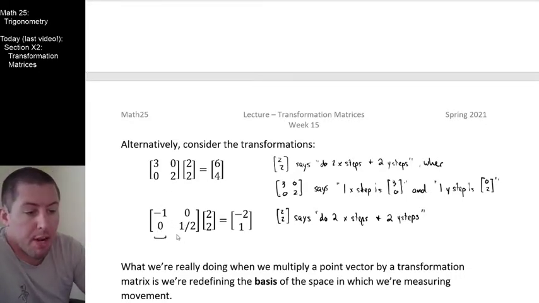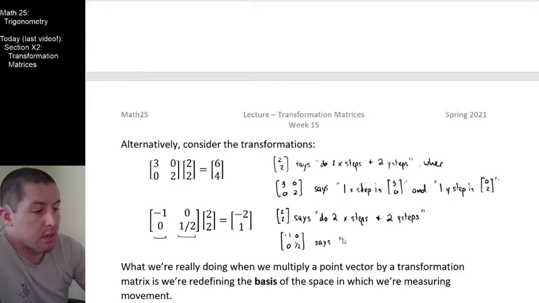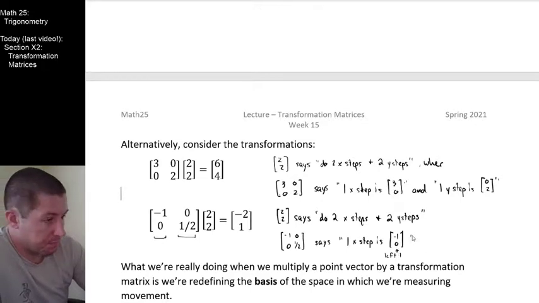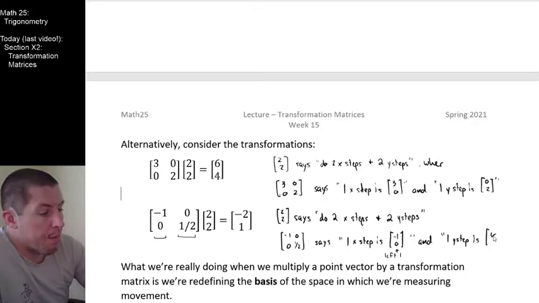I'm thinking of this as my new x rule, and this is my new y rule. So this says to me that the matrix -1, 0, 0, 1 half says that 1 x step is really go backwards, go left by 1, and 1 y step is really only go up by 1 half.